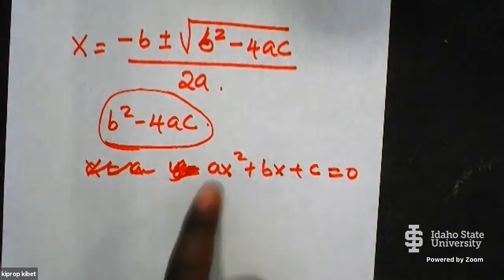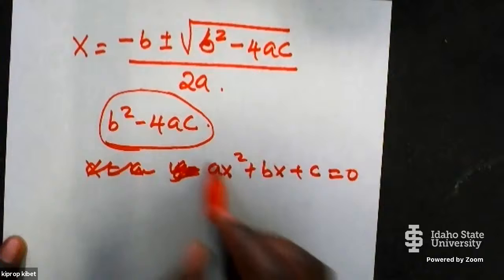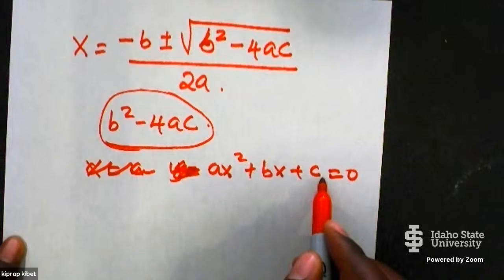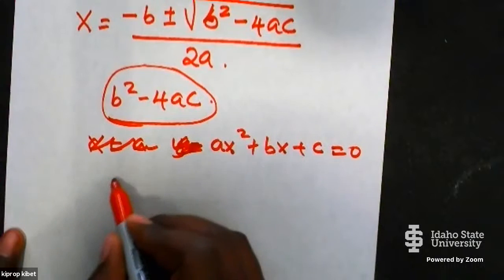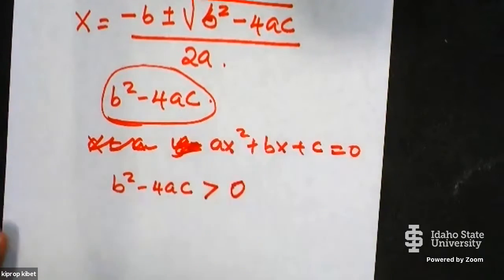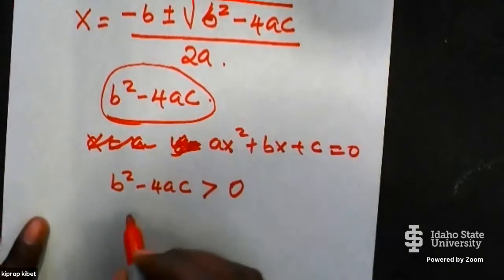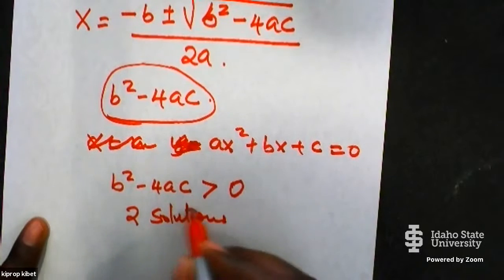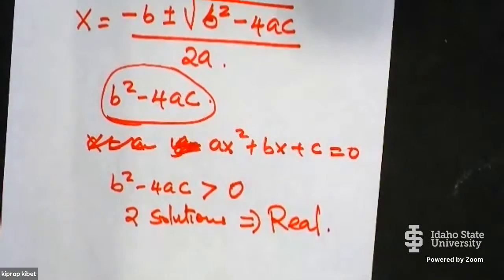When you have the values of a, b, and c, and you put these values in, when b squared minus 4ac is greater than 0, then we have 2 solutions. And these solutions are real.